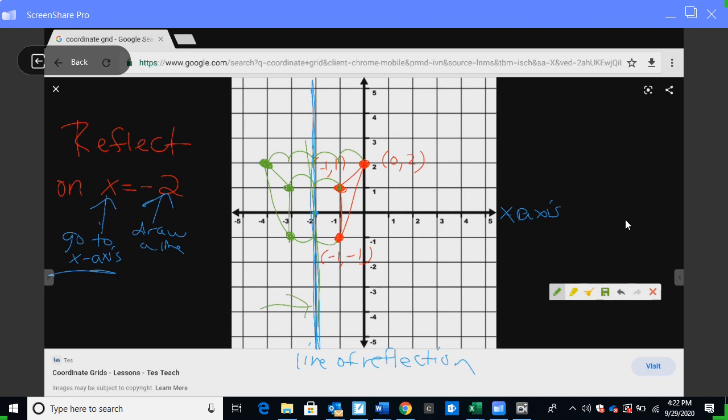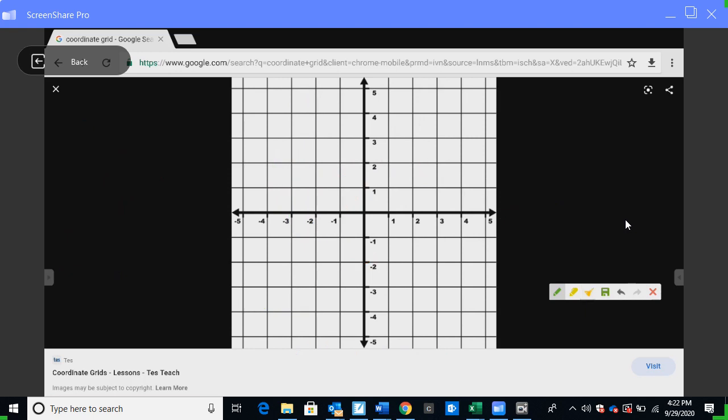Now, a translation is very similar, except you're just moving a point over. Let's say I have this triangle here. I just seem to be using triangles, but you could do it with any shape. I ask you to translate, or move, 2 left and 1 up.